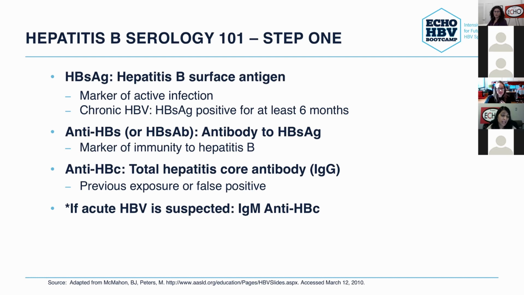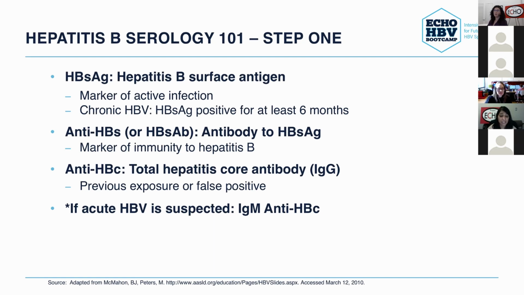And then finally, the last thing we'll talk about with respect to Hep B screening is this concept of acute Hep B infection. So certainly if a patient comes in and you have any suspicion that this could be acute Hep B infection, other sexually transmitted infections, recent risk factors for acquiring hepatitis B infection, a viral prodrome coupled with maybe alterations in their liver tests and/or overt jaundice, those might be things that clue you in that you might be dealing with an acute Hep B infection.